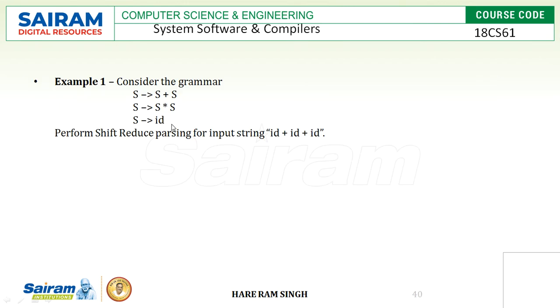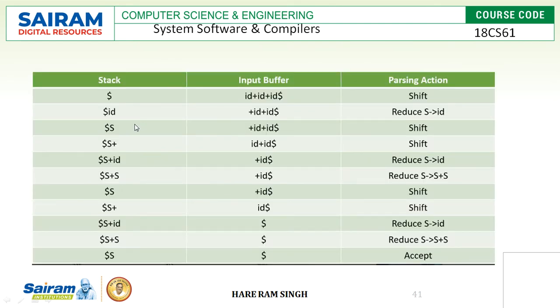So the RHS of the grammar production rule can be changed with the LHS S. So ID here became S, and the action here is reduce S to ID. Next, again plus will come, shift operation is happening, plus. Then again shift operation, ID will come here. Again ID will be changed with S. So here reduce S to ID. So S plus S. Now what is left here? Plus ID.